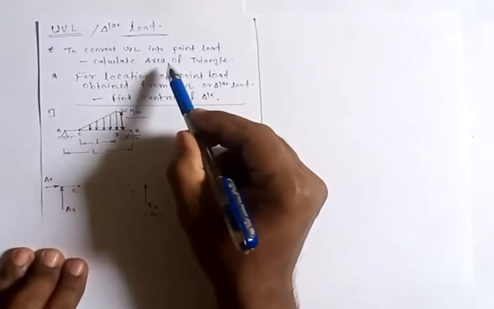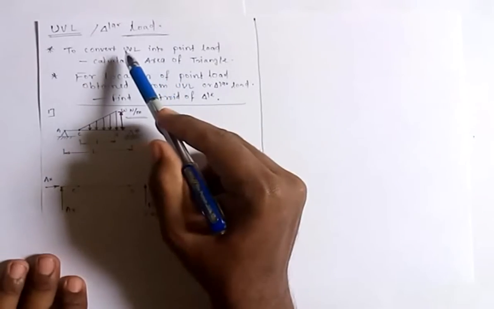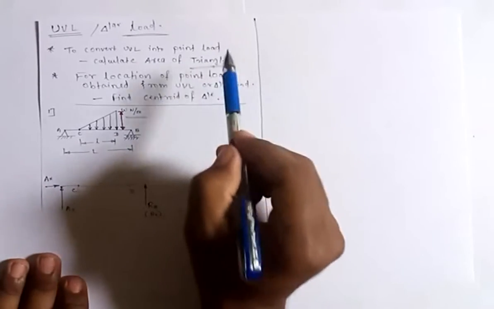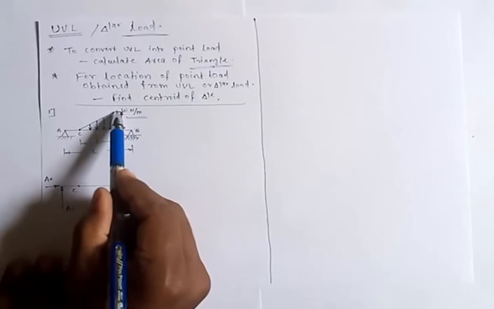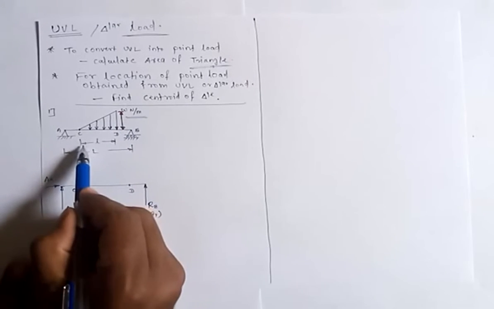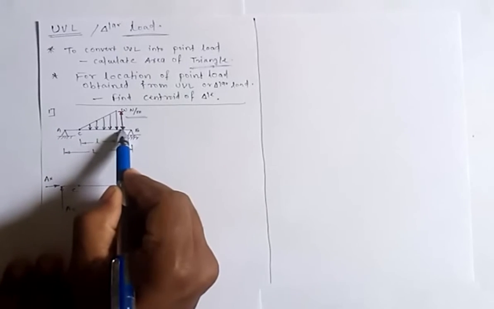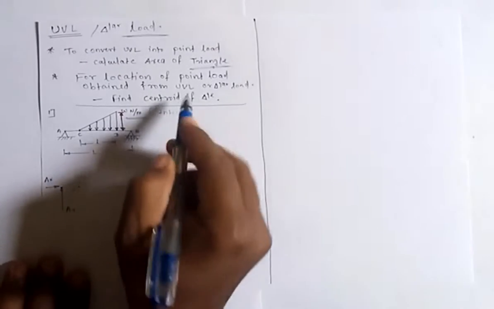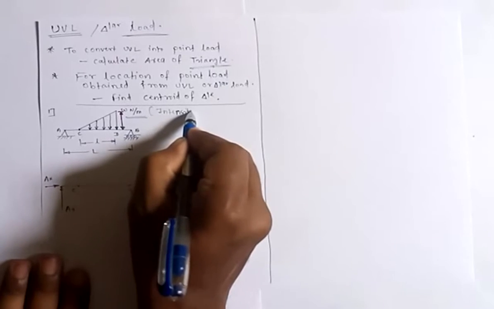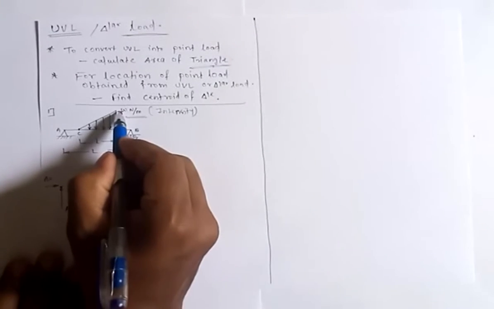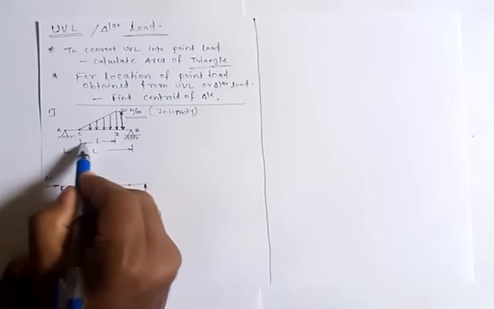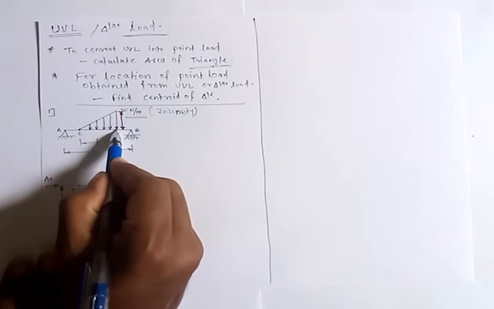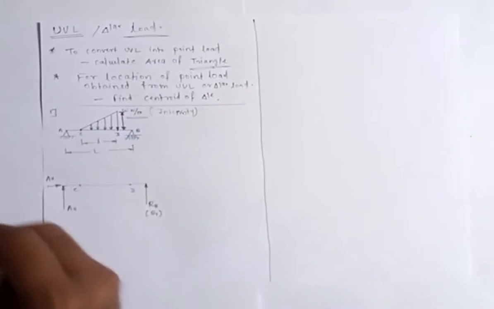Now, as I have told you, to convert the UVL or triangular load into point load, you have to calculate the area of the triangle. In this triangular load, the base of the triangle is l and the height of the triangle is nothing but the intensity of the load, W. The base is the length of this UVL, or the distance between point C and point D, and from this we have to calculate the area.